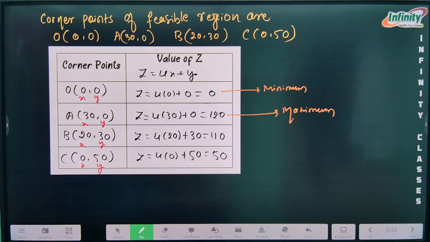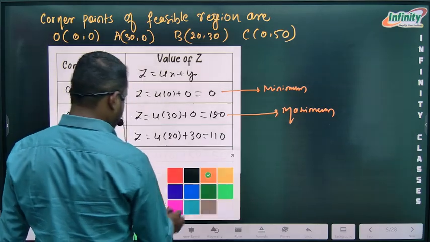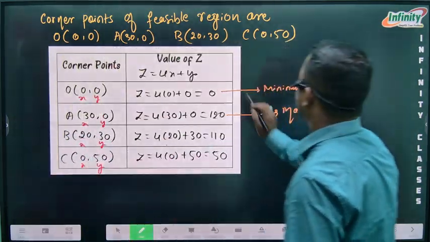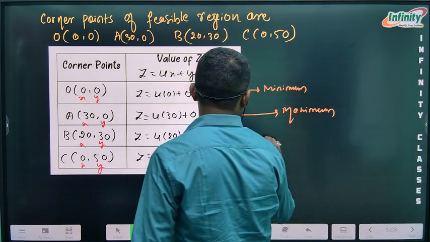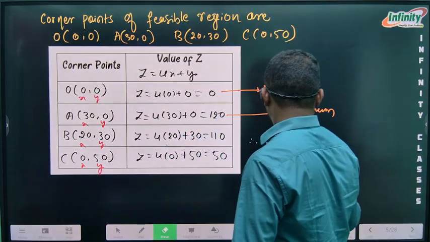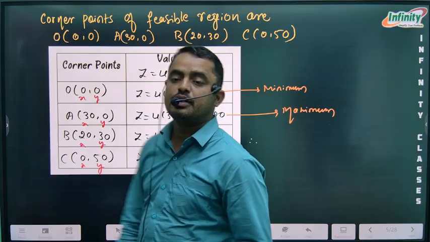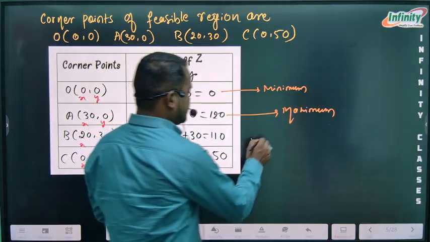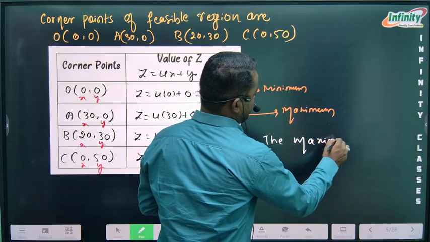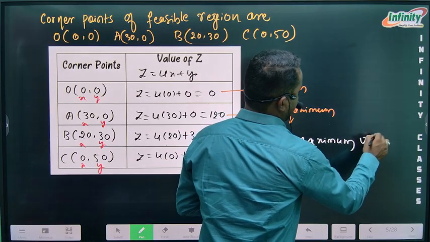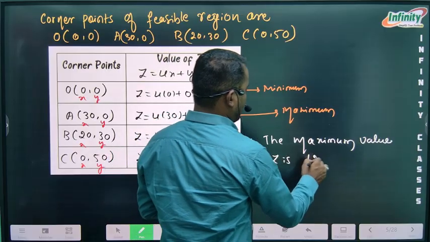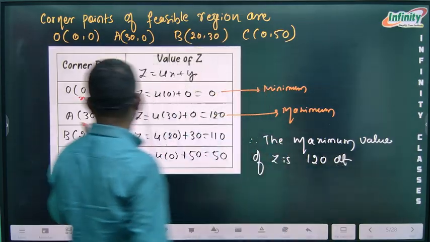Only the maximum has been asked, not the minimum here, but we get both values. Therefore, the maximum value of Z is 120 at the corner point A (30, 0).